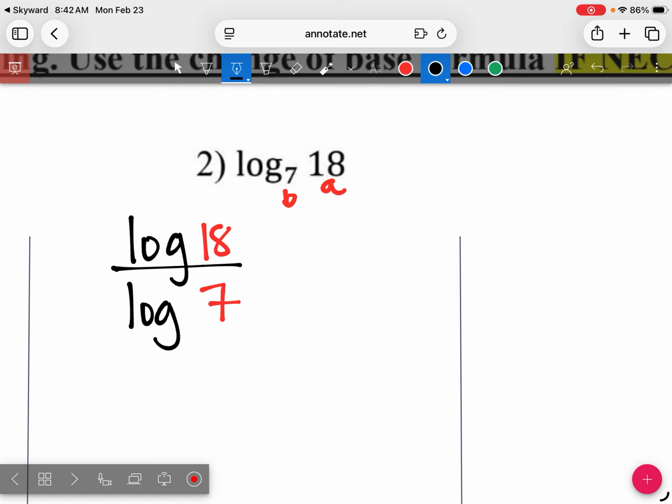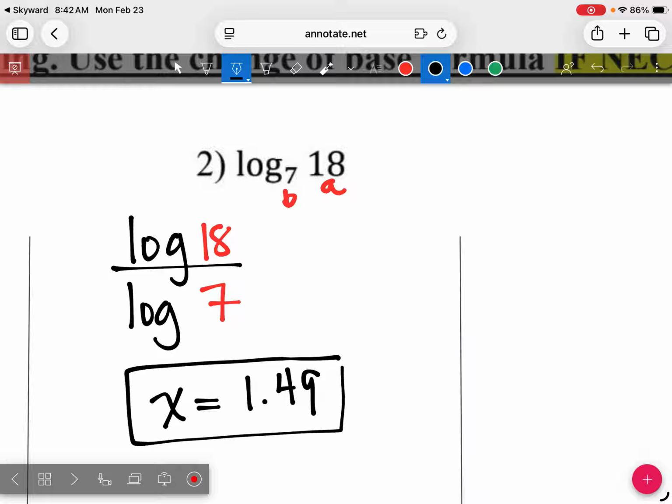And I'm going to switch to an x. So x, which is my exponent, should be approximately 1.49. So yes, you should round the 8 to a 9. I will mark off if you don't round it.